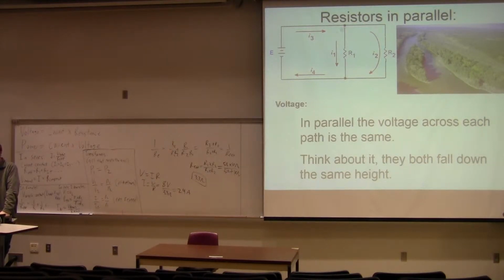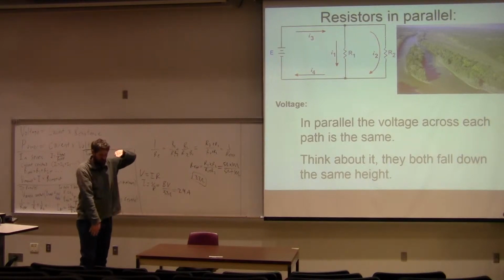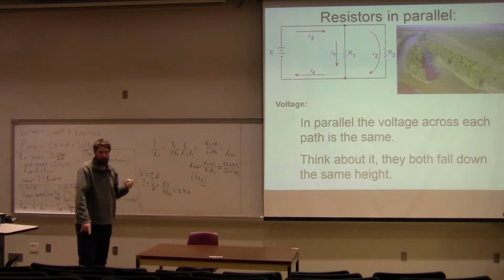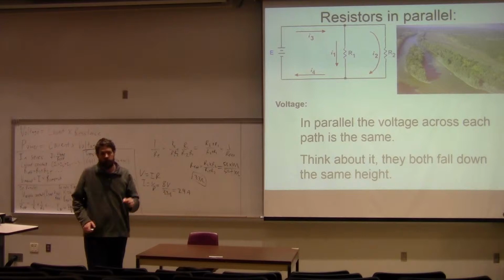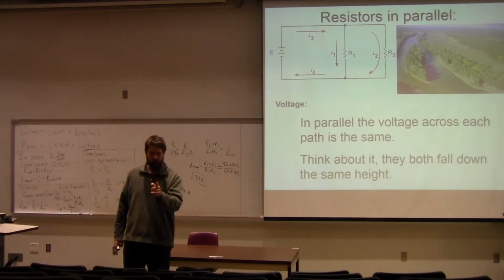Now let's consider this. What's my voltage here? And what's my voltage there? They both go from the same place to the same place. They go from the top of the hill to the bottom of the hill. Just one goes very directly, one kind of goes in a roundabout way. But the change in height in both paths is the same.